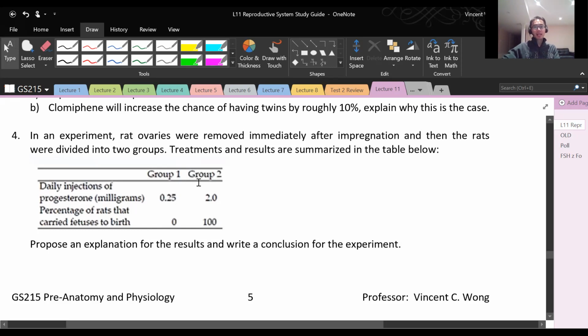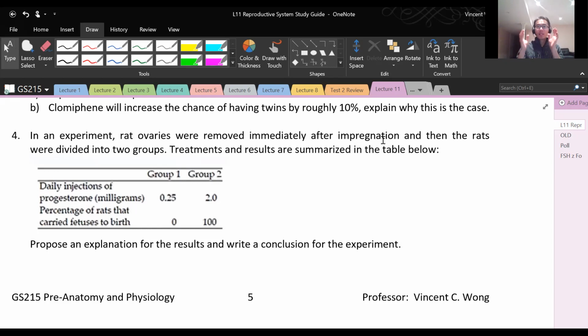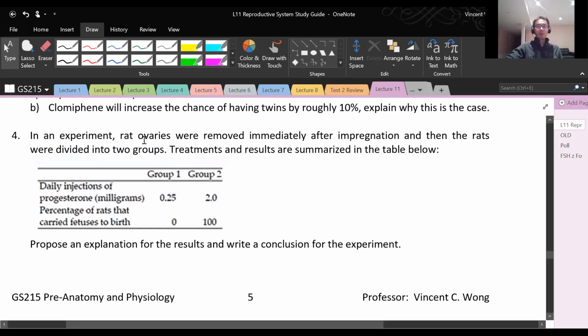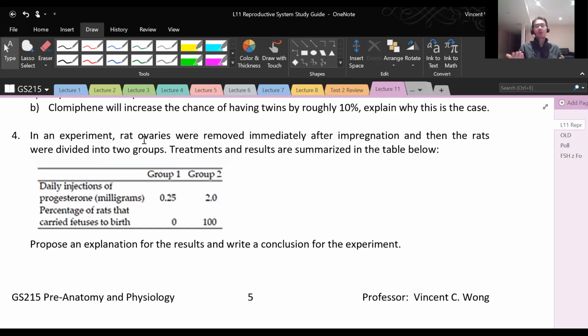The explanation is that immediately after impregnation, the placenta is not fully formed yet. So we still need the corpus luteum to pump out the progesterone. But if you remove the ovaries, then the natural source of progesterone is gone.